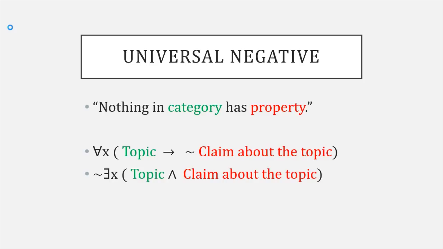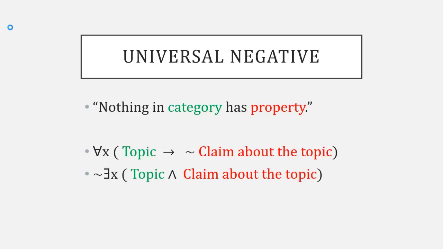And an exactly equivalent way of saying this is there does not exist anything that has the property of being in the topic and having the thing we're saying that it doesn't have. Okay? So those are both perfectly valid, equally good ways of symbolizing the same thing, the universal negative. Either for everything that is in this topic, it doesn't have the property, or there doesn't exist anything which is in this topic and has the property.